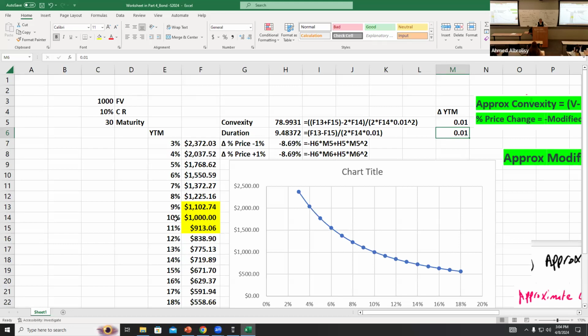If the interest rate went down, the price increased, as you see there. If the interest rate went up, the price decreased. And the delta change in the price is minus 8.69%.